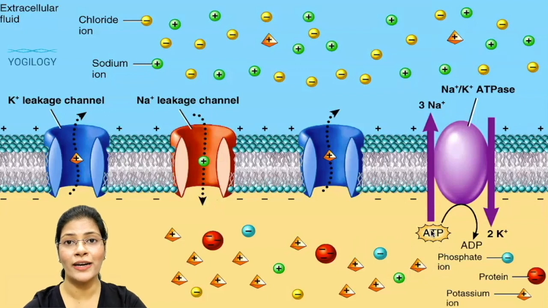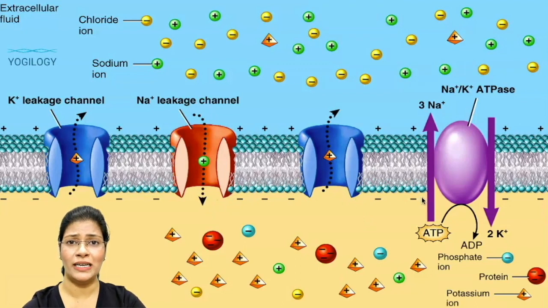The third factor for the existence of resting membrane potential is the electrogenic nature of the sodium potassium ATPase. Membrane permeability for sodium ion is very low because there are only a few sodium leak channels. But still, some sodium ions diffuse inwards down their concentration gradient. If left unchecked, such inward leakage of sodium ions would eventually destroy the resting membrane potential.